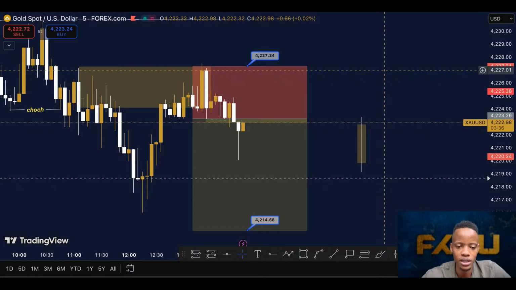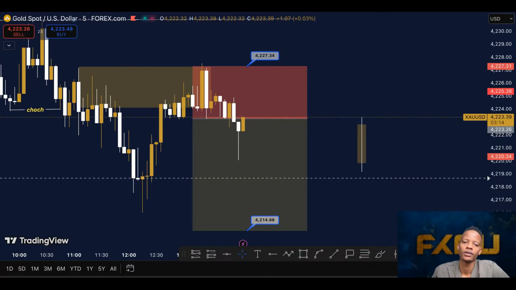Don't rush anything. No rushing. What's your entry point? We're already in. There's no need for the entry point.